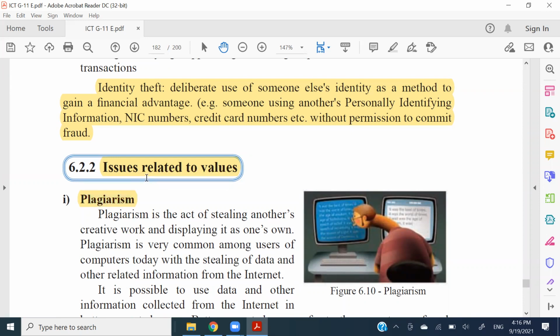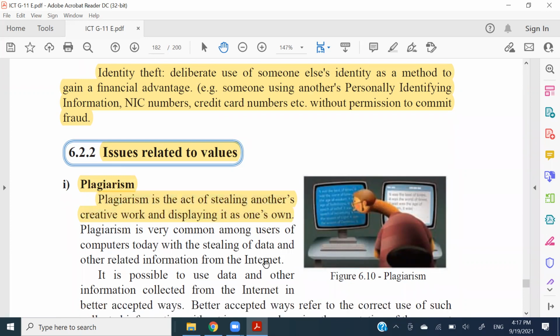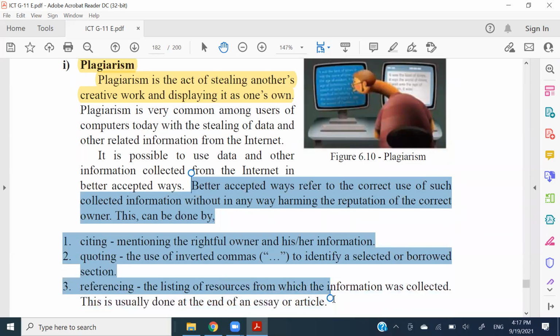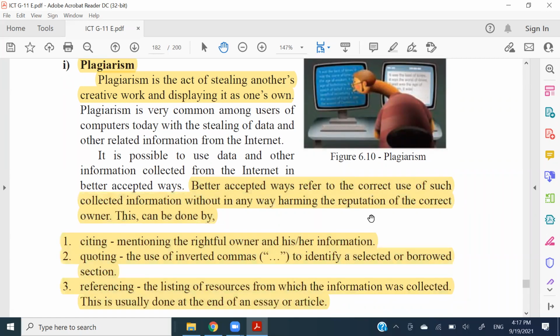Then I'll highlight what is to be written. Yeah, these things, please copy that down.